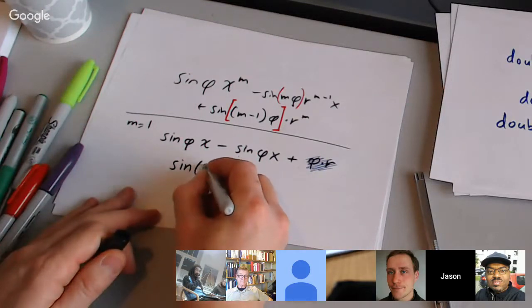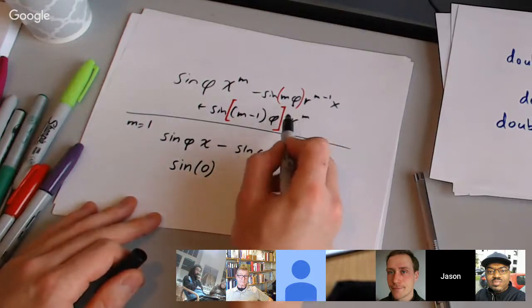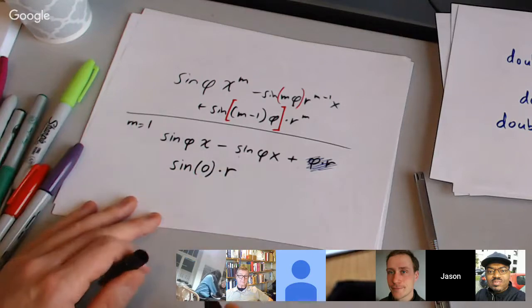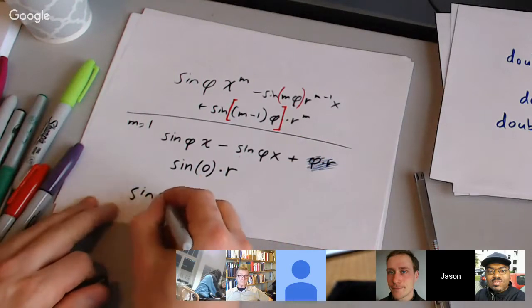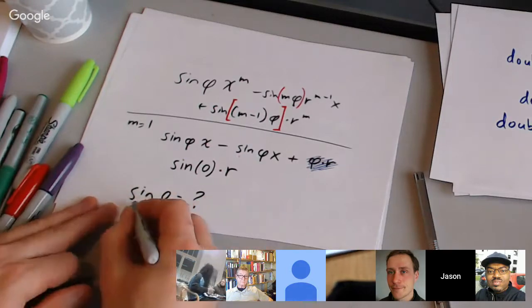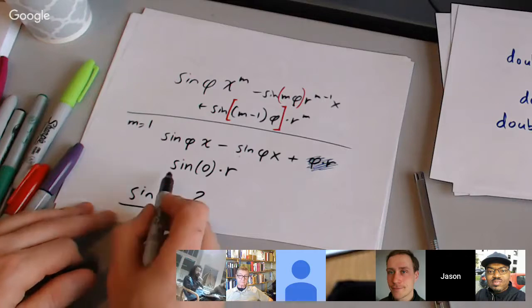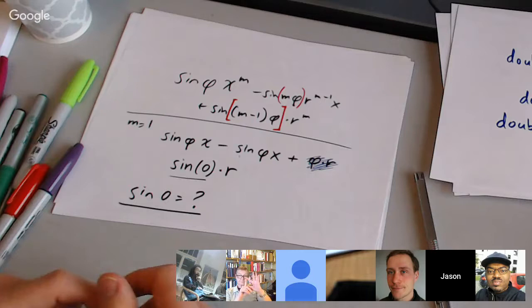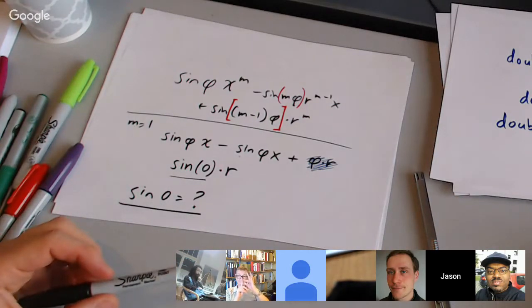So then times r. So wait, is that the whole equation? The sine of 0 is, I want to say, well, I don't know, 0, or I'm not sure how to equate sine of some number.